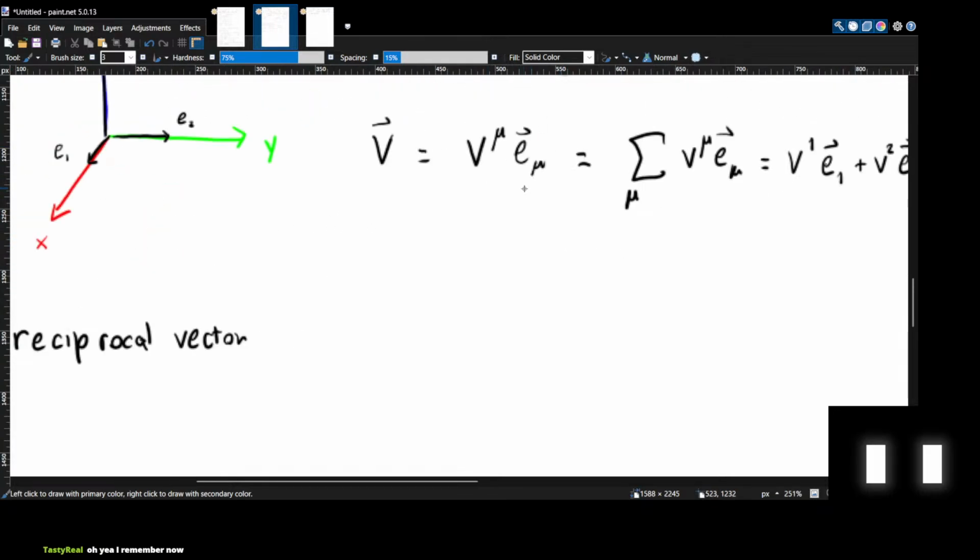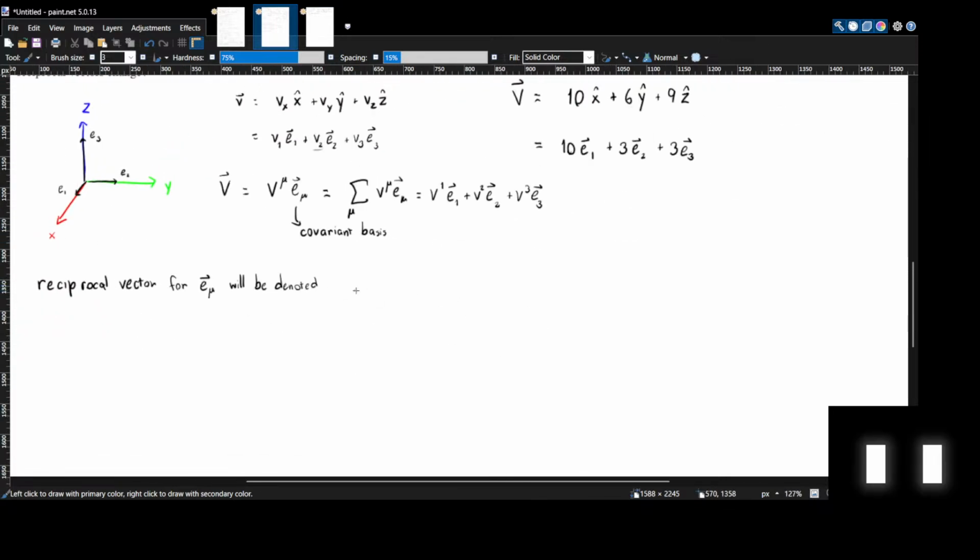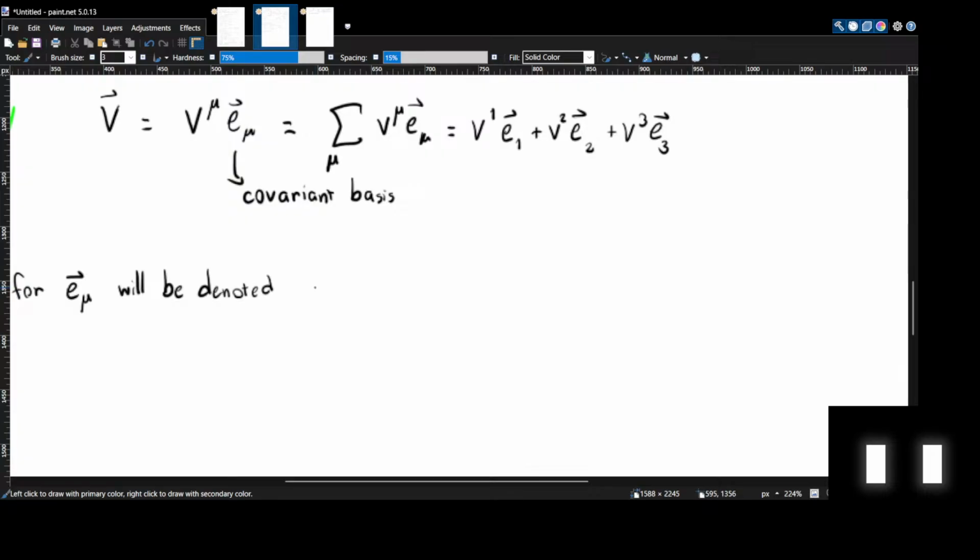So E here is a covariant basis, which means the reciprocal vector for E mu will be denoted E mu with a superscript instead.